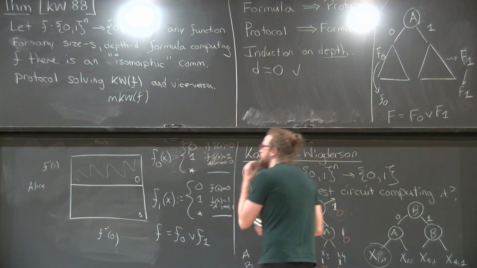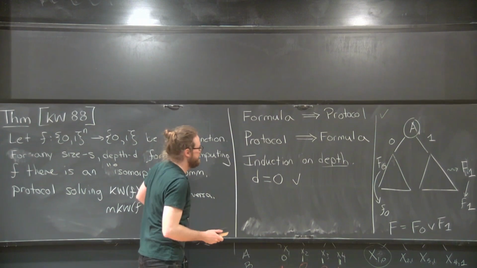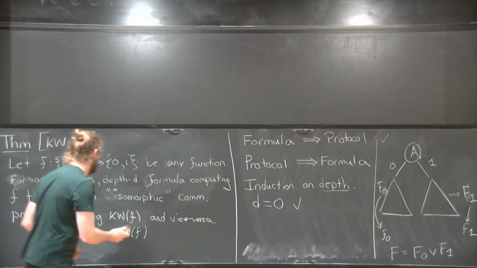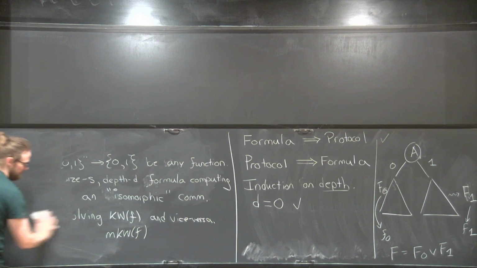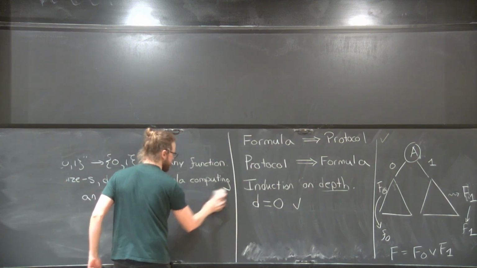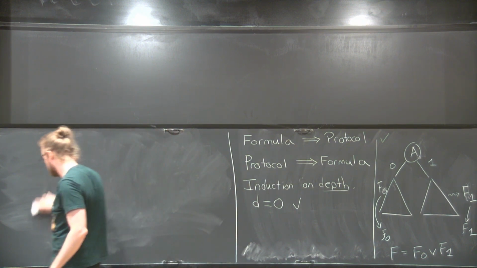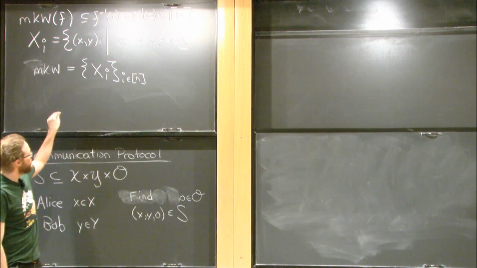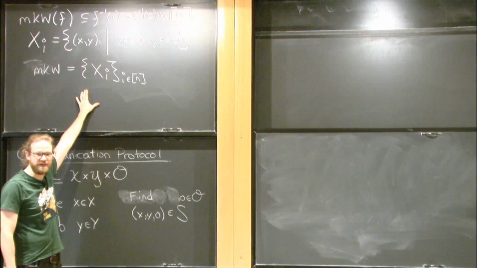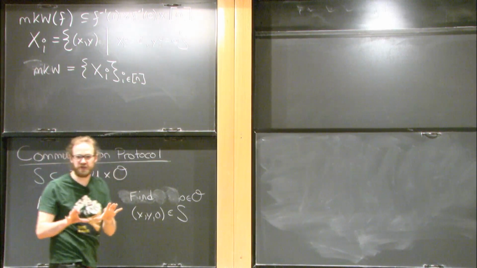I want to state a proposition, which is really easy, but I think it's not known or maybe underappreciated. It's basically going to say what I said in words a second ago: monotone Karchmer-Wigderson games characterize all rectangular search problems.